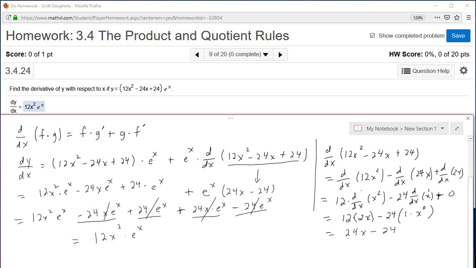You're allowed to pull constants outside the derivative operator. And then we applied the power rule to find the derivative of x squared and the derivative of x. And then, of course, you also need to know that the derivative of a constant, like the derivative of 24, is 0. Okay, and then once you've done all that, you just plug everything into the product rule, and then you can see some things cancel out after you distribute, and you're just left with 12x squared times e to the x.